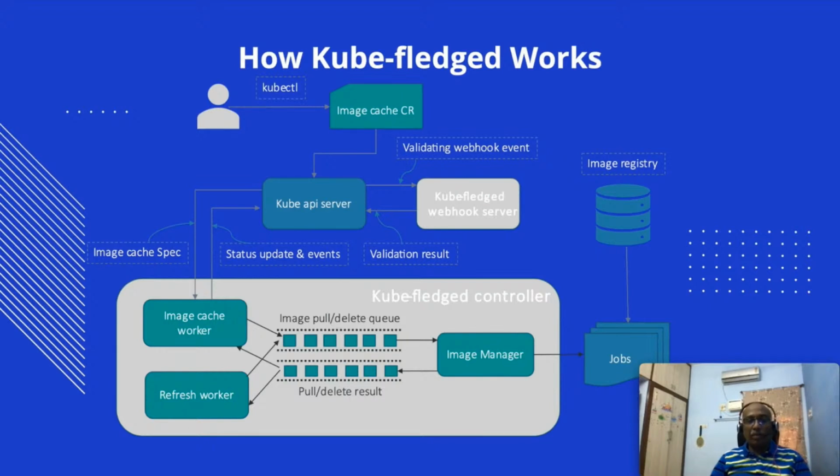It runs on a periodic basis, and this periodicity can be configured, and on a periodic basis it checks whether the image cache is up to date. If it sees that some images are missing, for instance if those images have been garbage collected by Kubernetes, or if those images have been accidentally deleted, for whatever reasons, if the refresh worker feels that the image has to be pulled again, it will trigger another request back to the queue, and then again the image manager will get triggered, and then the cycle goes on.